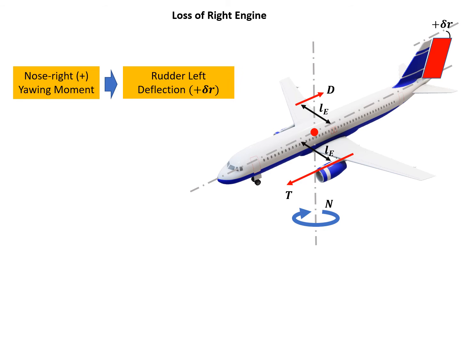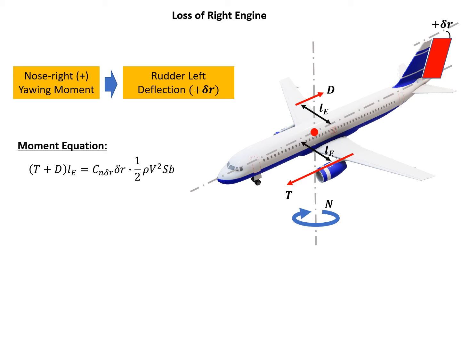So apparently we will have the rudder deflection. In order to correct the heading, the rudder needs to have a positive deflection towards the left, and this deflection delta R will produce a negative yawing moment to counter the positive yawing moment due to the difference of T and D. So we can write down the yawing moment equation for the loss of right engine condition.